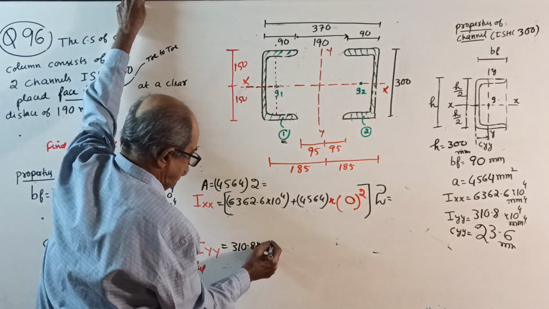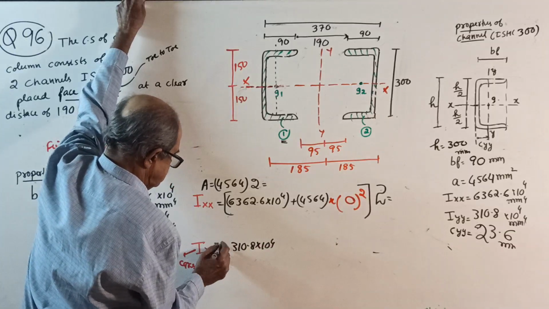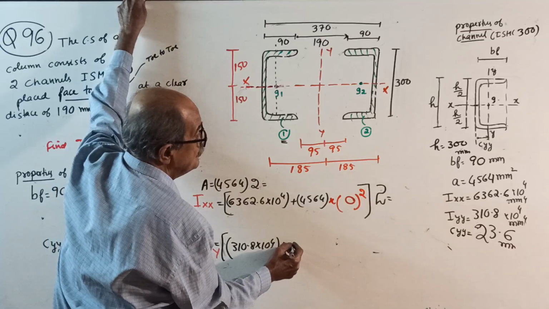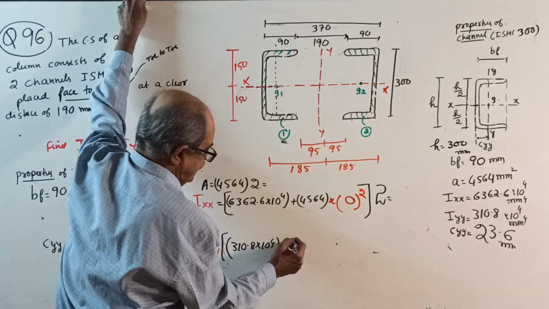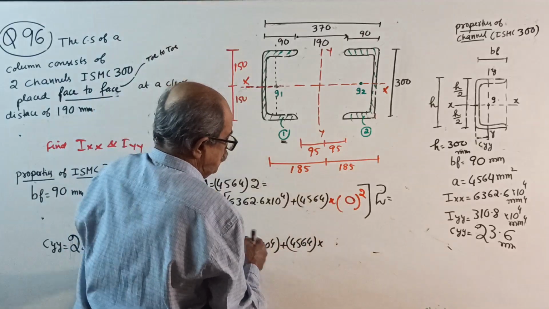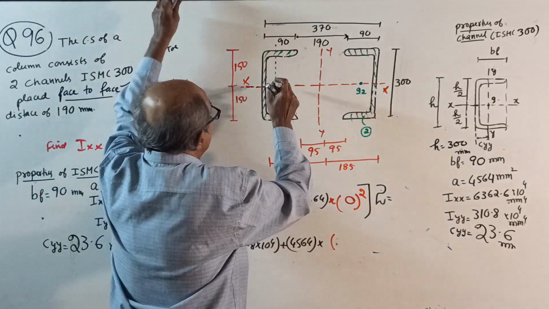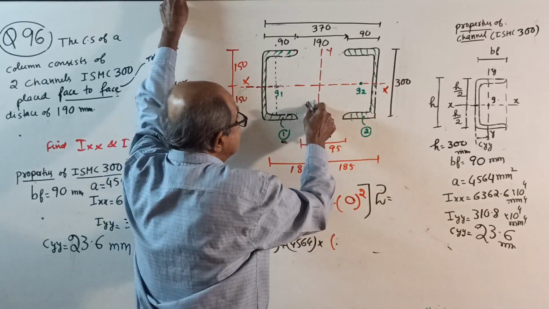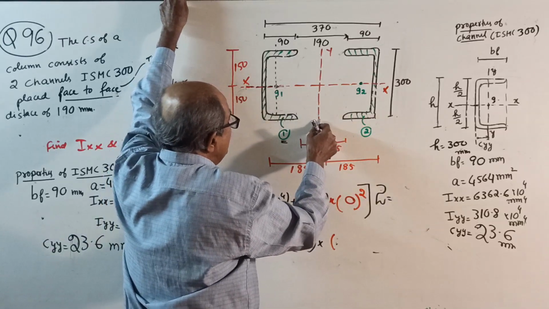310.8 × 10^4. IG plus area: the area is 4564, multiplied by the distance from the centroid to YY, squared. Last time it was 95 plus something.